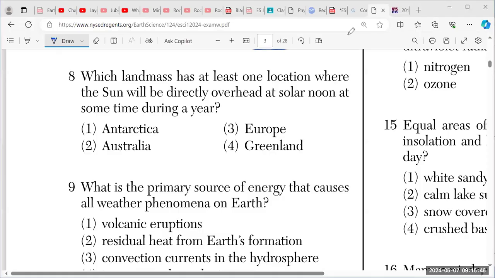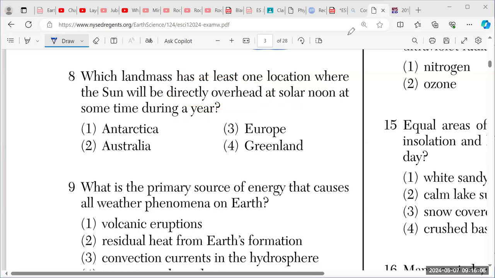All right, number 8. Number 8 says, which landmass has at least one location where the sun will be directly overhead at solar noon at some time during the year?